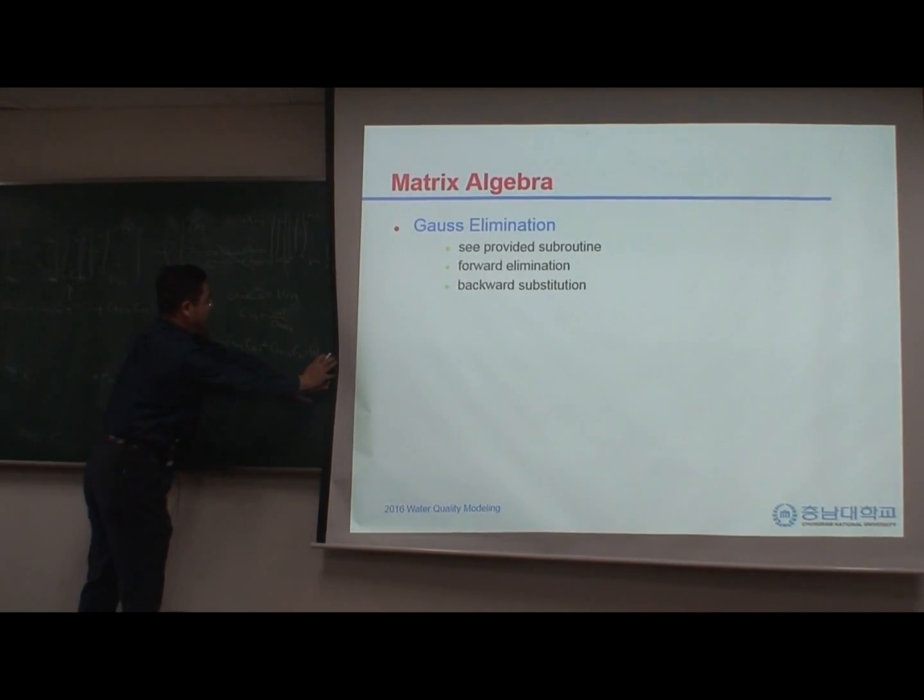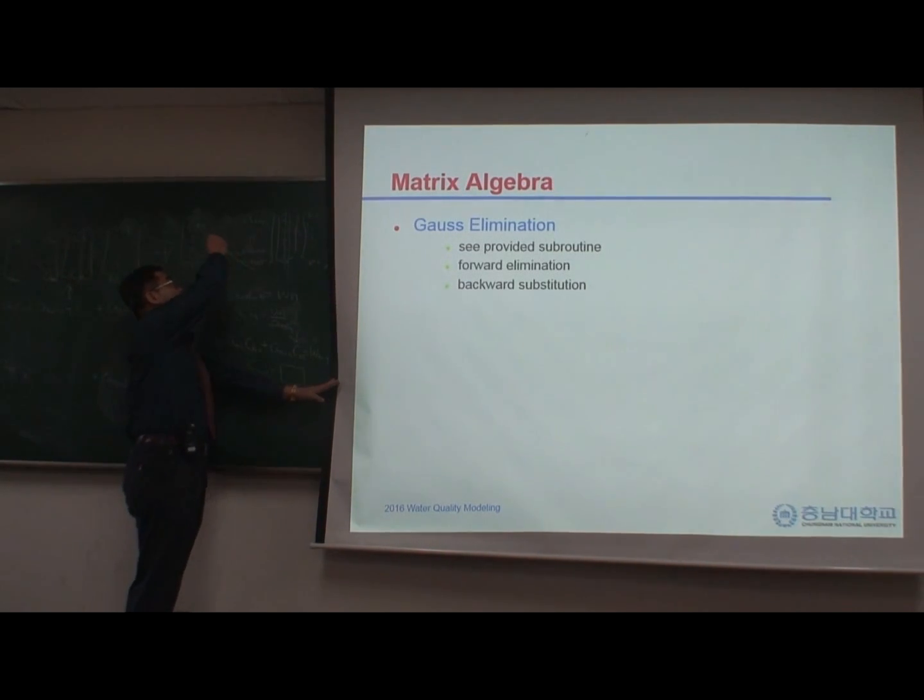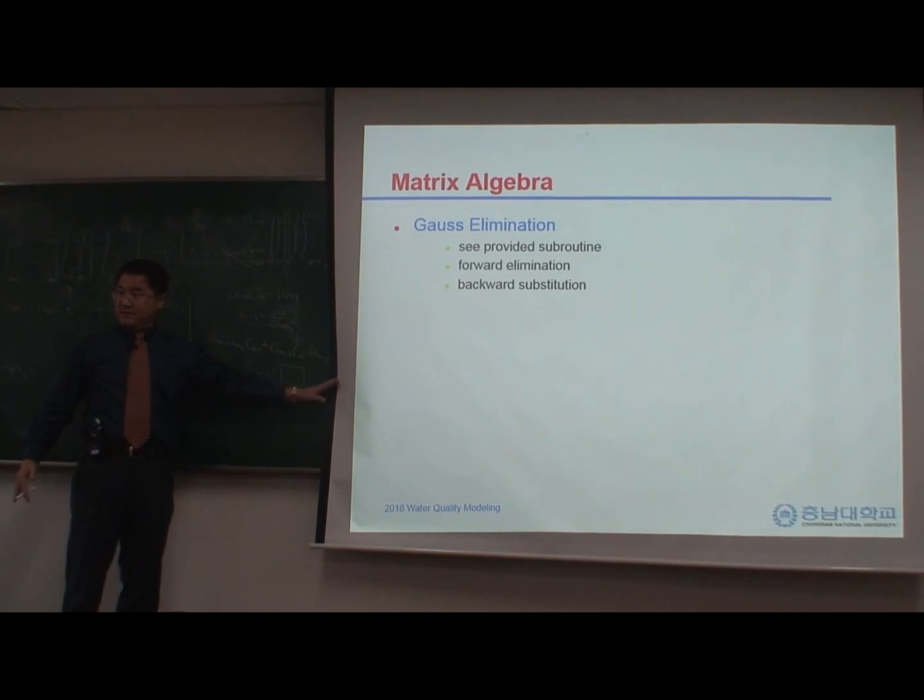Now I already know Cn, so I can substitute and calculate C(n-1). Pretty easy, right? Once you know Cn and C(n-1), you have the next equation with three terms, so we just move backward to calculate from Cn up to C1.